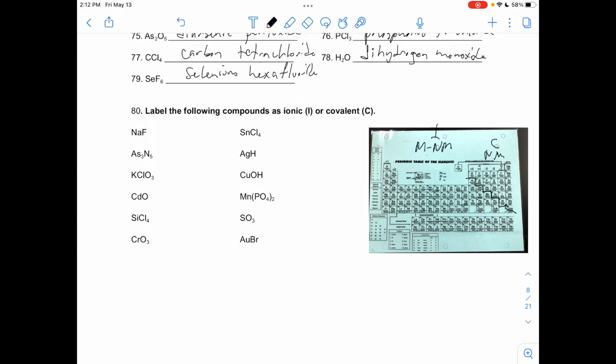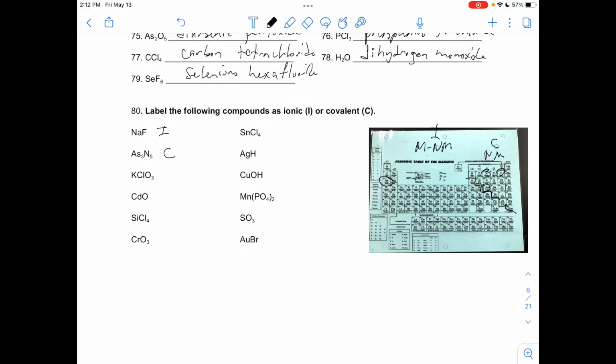If it's a metal and nonmetal, it's ionic. So notice sodium and fluorine, there's 1 metal and 1 nonmetal, so it is ionic. As and N are 2 nonmetals, so covalent.